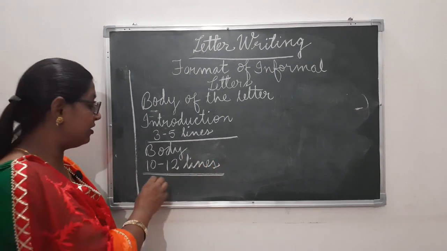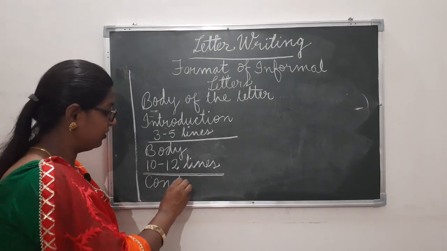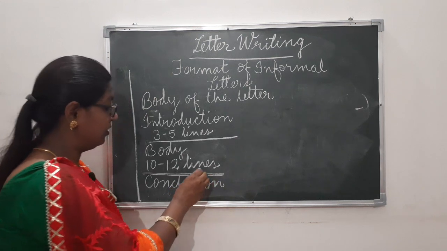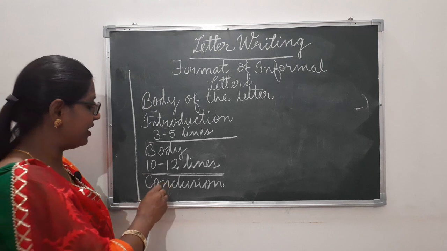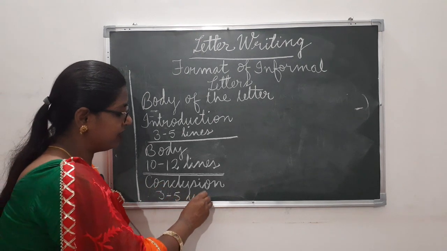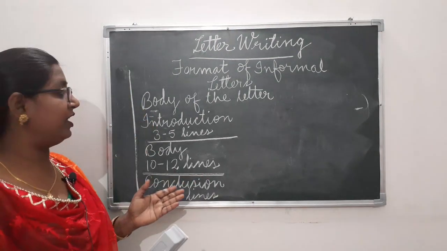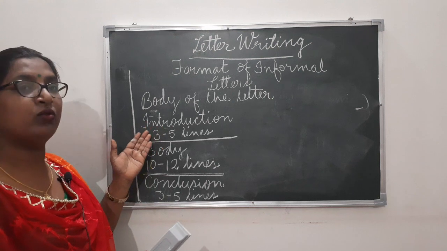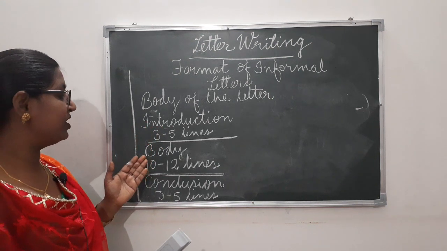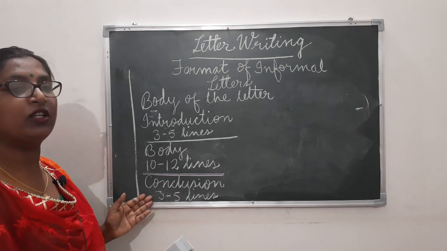And then the third paragraph comes, the conclusion. In this paragraph also we should write at least 3 to 5 lines. This is the body of the letter, which is divided into 3 paragraphs. The first paragraph is the introduction, the second is the body, the main message, and the third one is the conclusion.